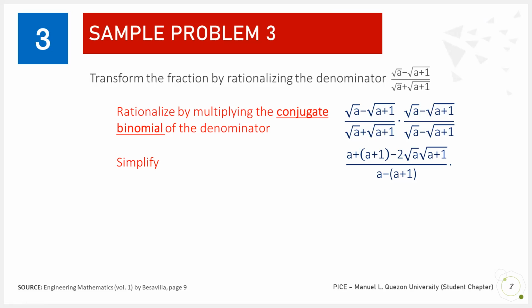Actually, kapag sinulat natin yung sagot, magre-repel sila, meaning it will be canceled out. Kasi square root of a multiplied by negative square root of a plus 1 is negative square root of a square root of a plus 1.